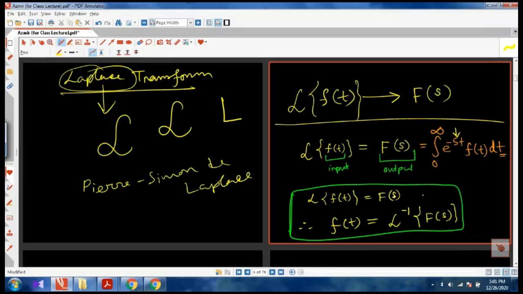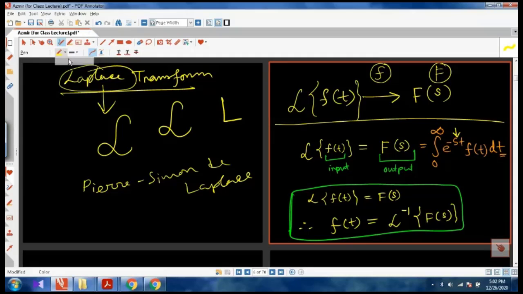So if Laplace transformation of f of t is f of s, then the inverse Laplace transformation can be defined by f of t equal to inverse Laplace of capital F s. So be careful about the letters. Small f is the main function, and capital F, that is big F, is the output with s variable.